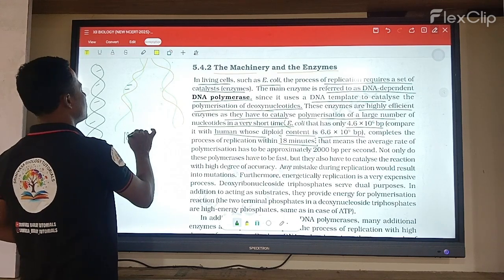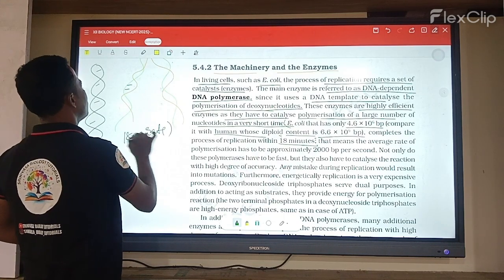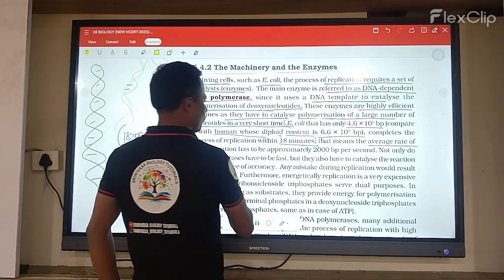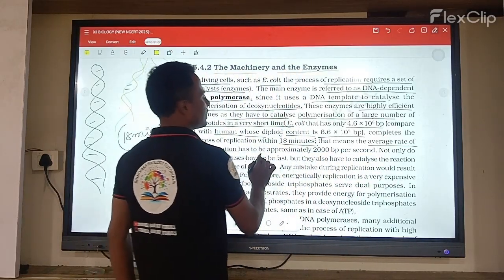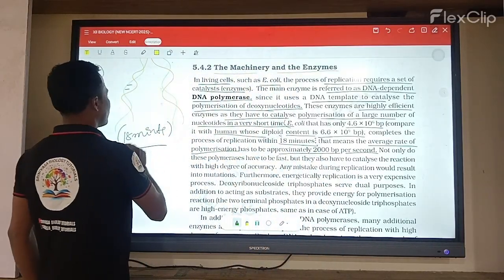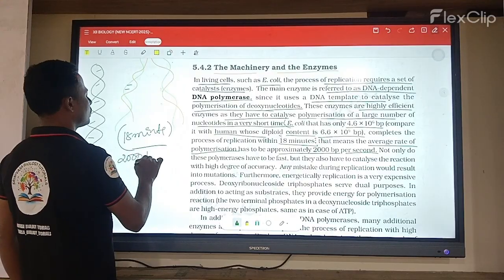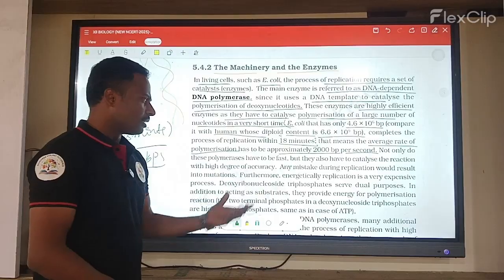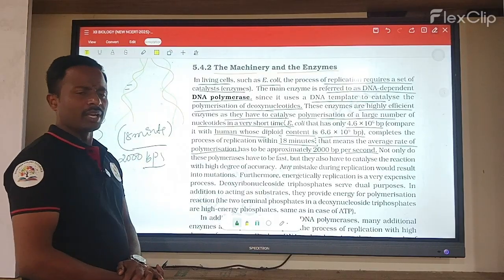Very important, it completes it in 18 minutes. That means the average rate of polymerization is approximately 2000 base pairs per second. So around 2000 base pairs participate in the polymerization of the DNA.